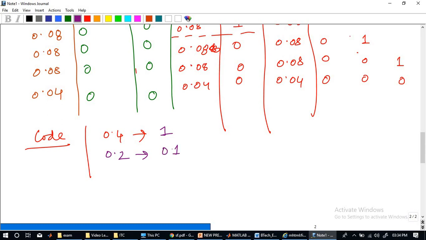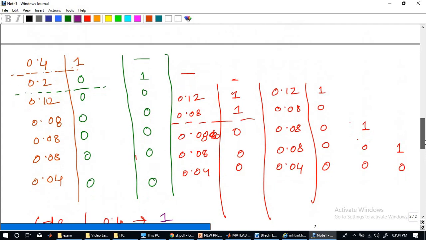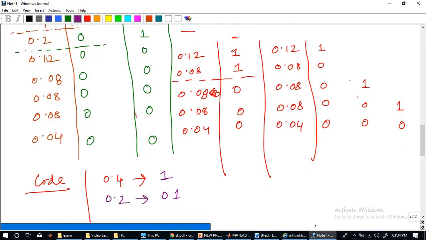See the changes. When I did it, I actually made sure I took 0.2 and 0.12 as one half. This is this partition. Here we have taken only one element.